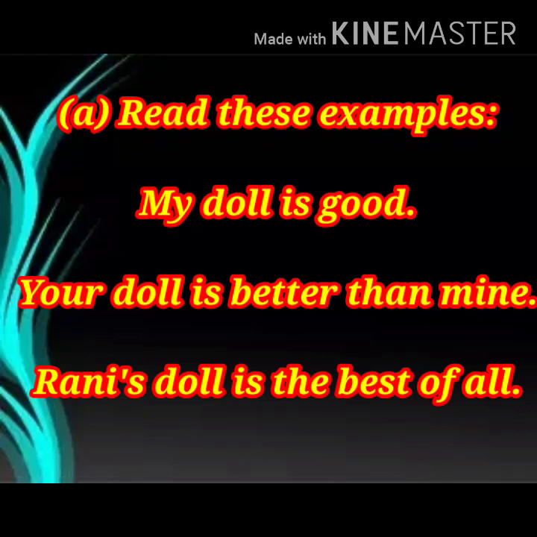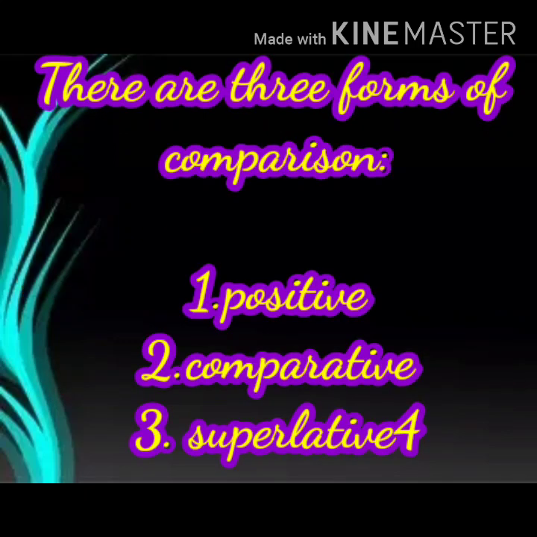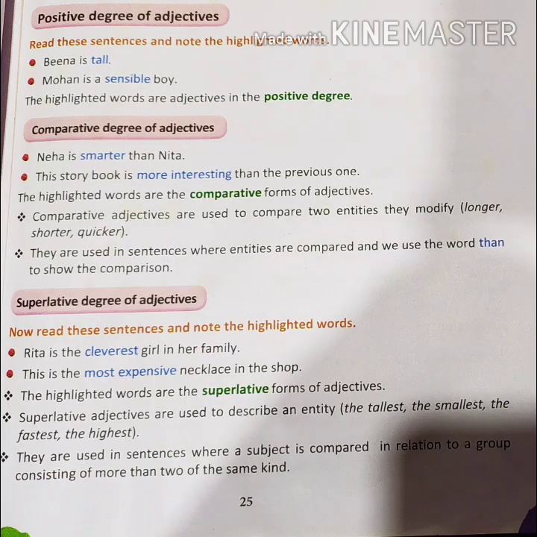Thus, it is clear that an adjective undergoes a change of form to show comparison. The adjective good is said to be in the positive degree, the adjective better is said to be in the comparative degree, and the adjective best is said to be in the superlative degree. Now let us study in detail what the positive, comparative, and superlative degrees are.